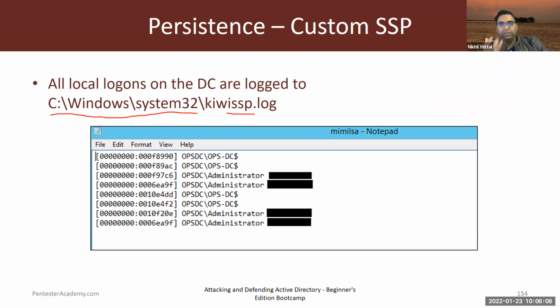Now, is this really useful as a persistence mechanism? You may like to answer this on the Discord server. Looking at the path where local logons are logged, do you think that this is actually useful as a persistence mechanism?